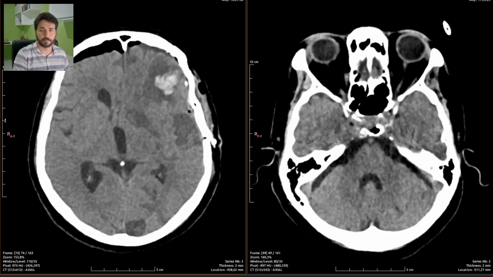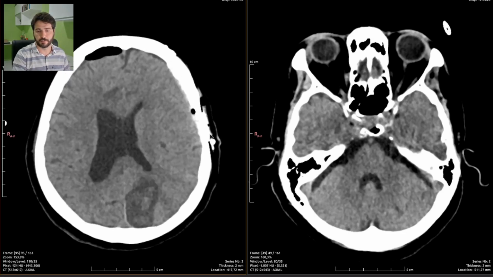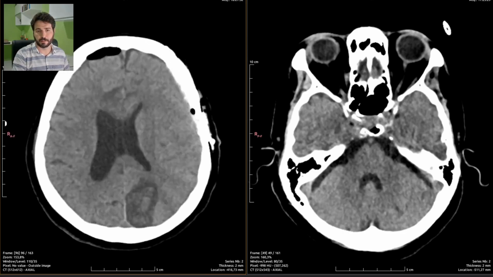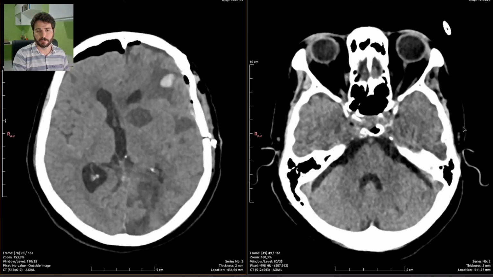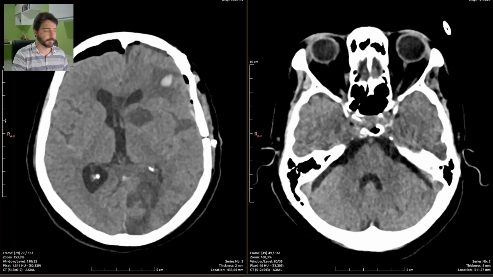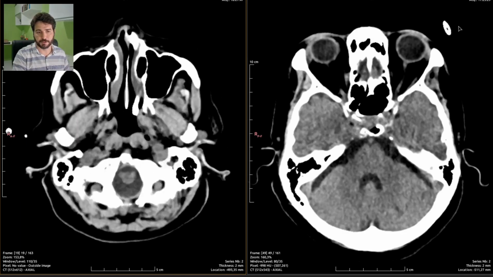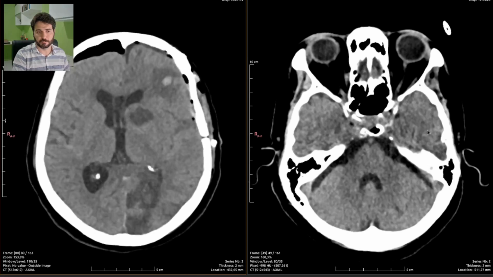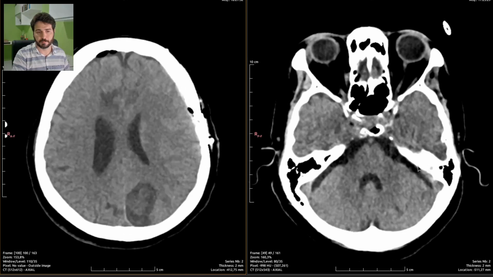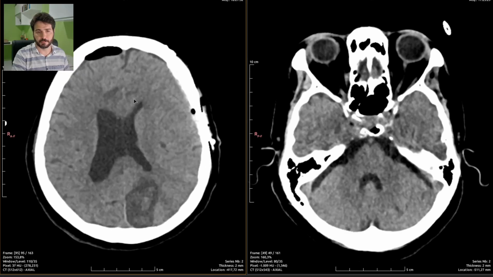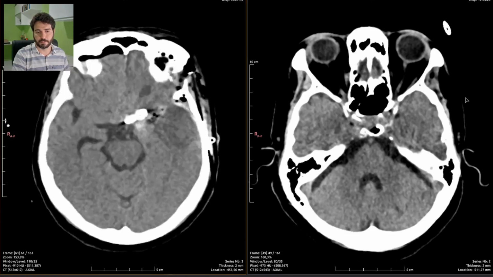Yep. Now there is effacement of gyri and cisterns of the left brain hemisphere. Yep, that is reported, and there is deformation, or a deformed morphology, of the left ventricle.